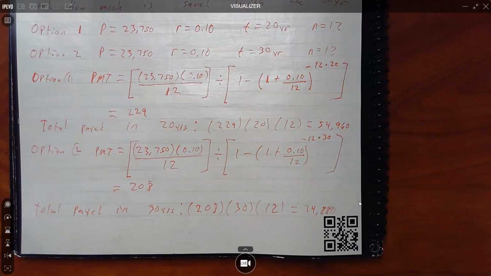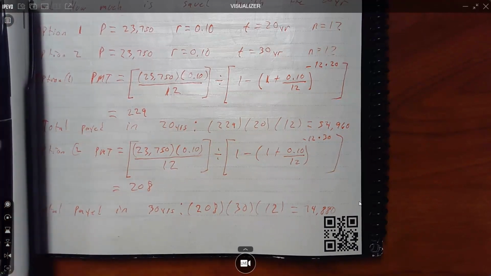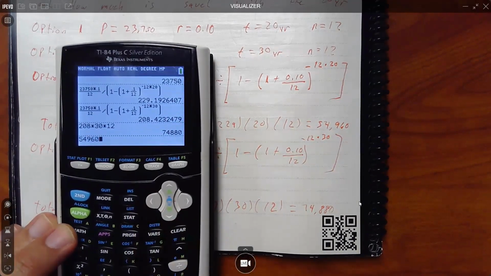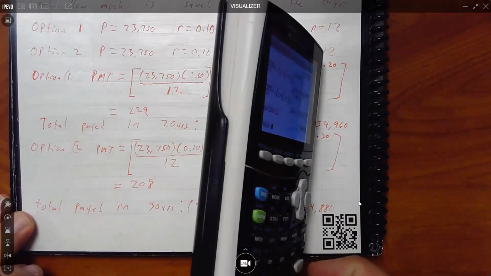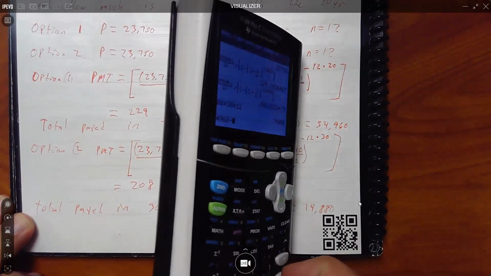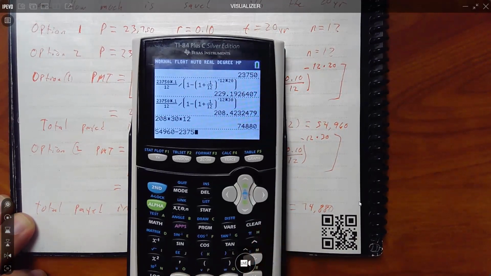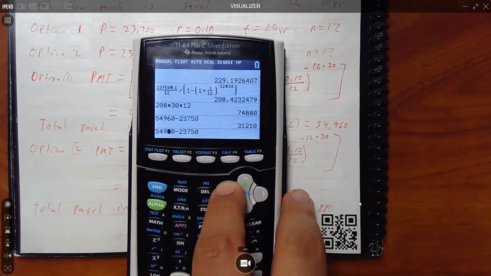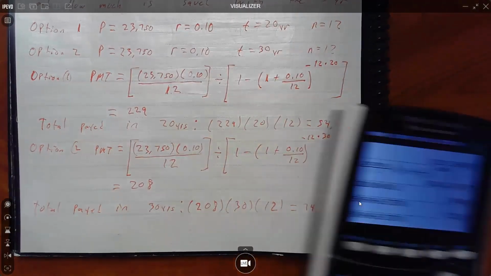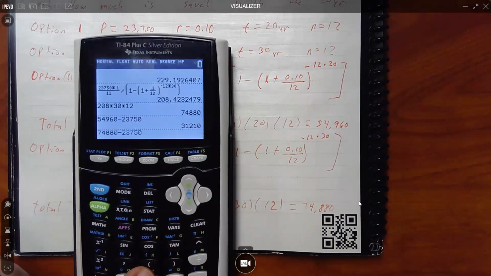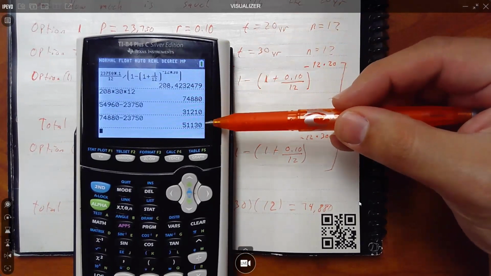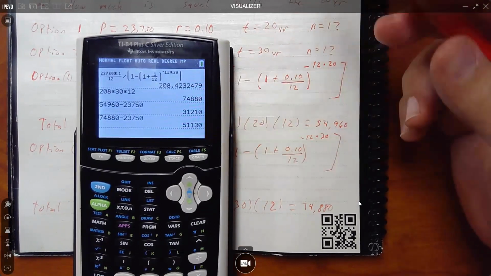So I'd have to do the next page, but for option 1, you take the total, subtract the actual amount, which is 23,750. So this is the interest I paid for option 1. The interest for option 2, we'll do that on the next page.